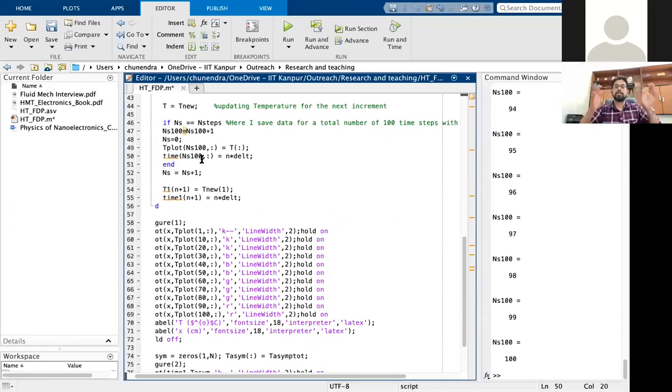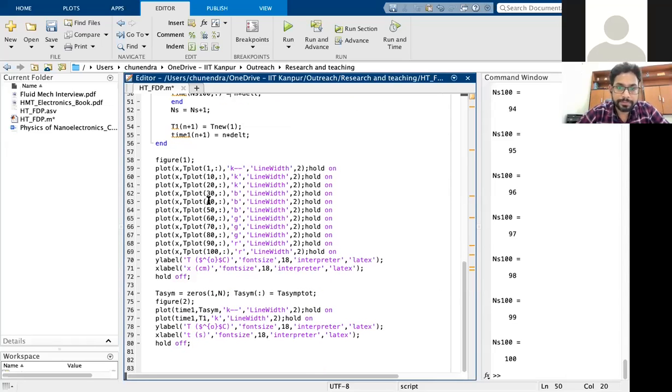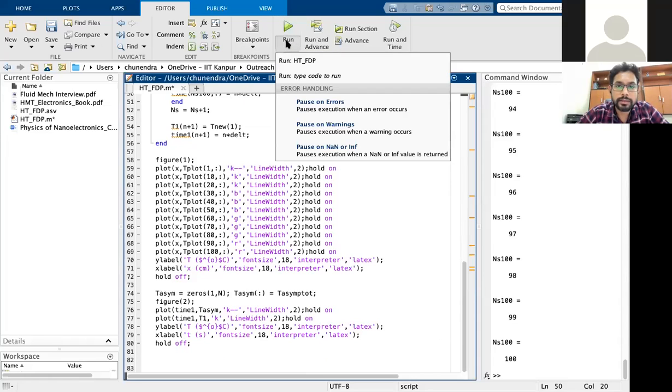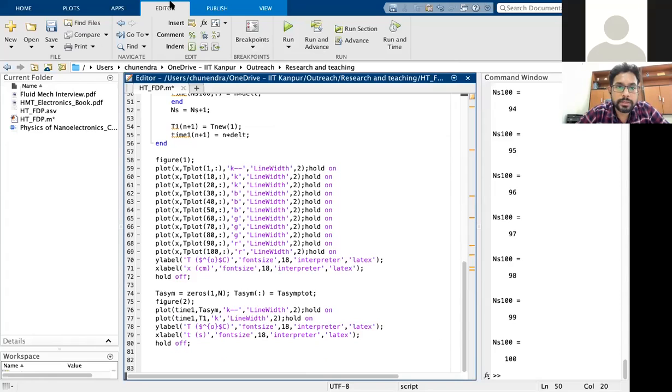I don't want to save in my computer more than 10,000 time steps, so I save them only for 100, and that is what I'm doing. If I run this code now, it's already written, you will see how we get results in MATLAB.